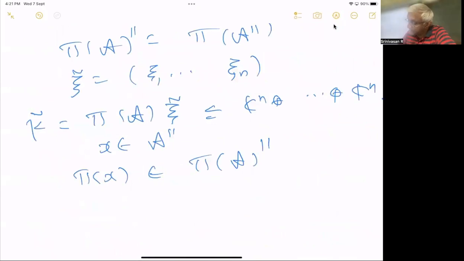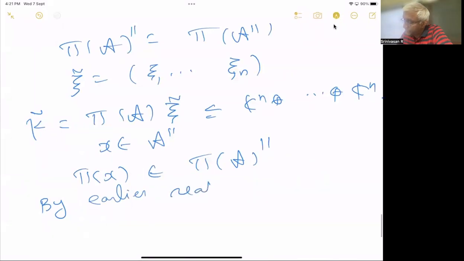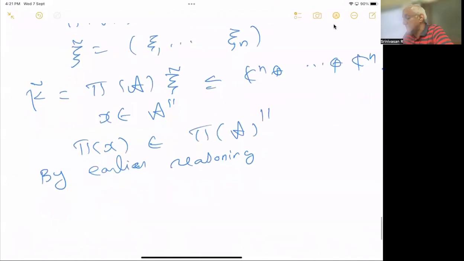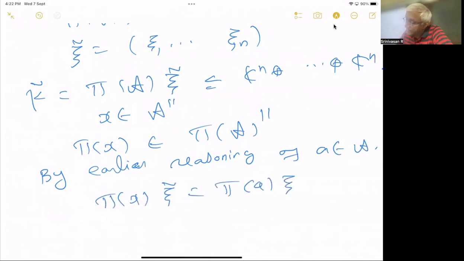By the earlier reasoning, which is true for any algebra, there exists a in A such that pi of x acting on xi tilde equals pi of A xi tilde.